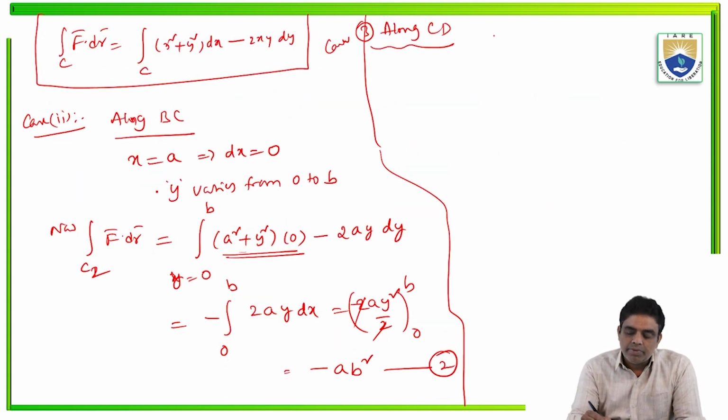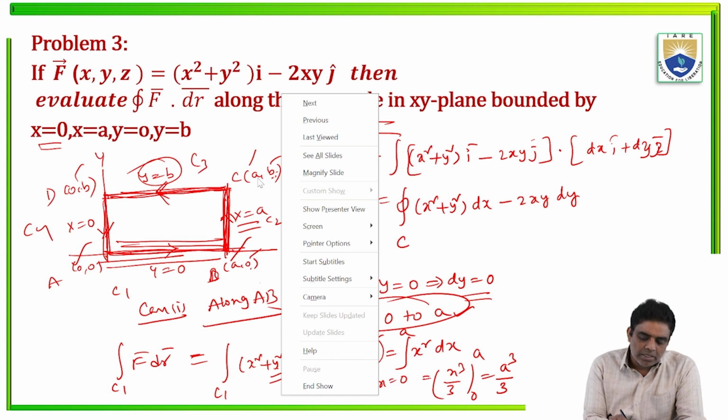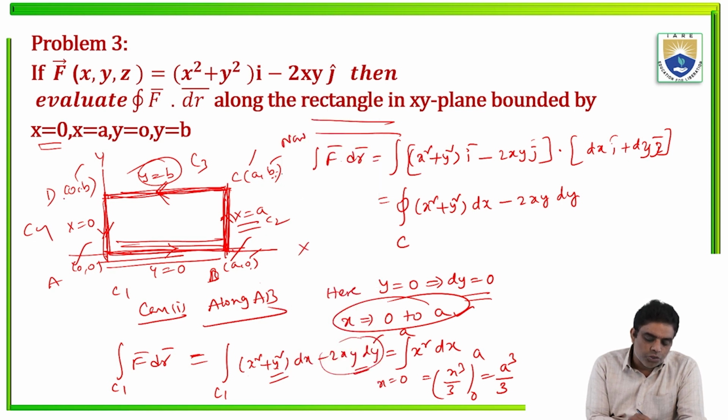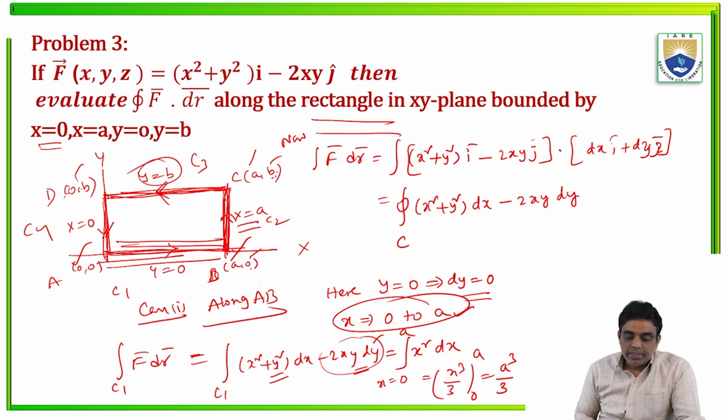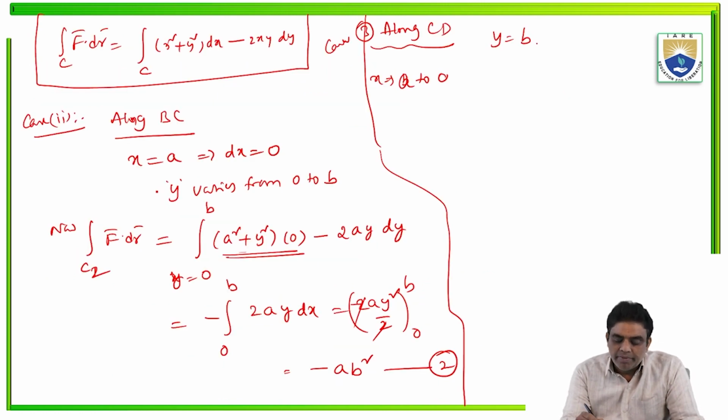Here the equation is y is equal to b, and x varies from a to 0, the reverse case. So y is equal to b always, and y equal to b means dy is equal to 0.